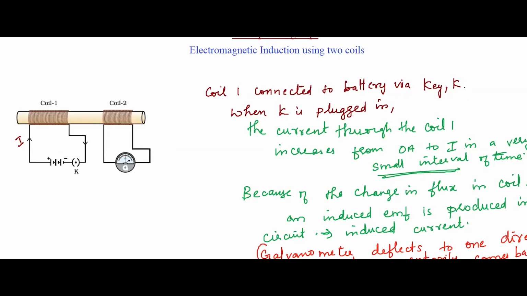The deflection in the galvanometer is for a very short interval of time; it deflects to one direction and then comes back to 0. So this is the first part of the experiment.